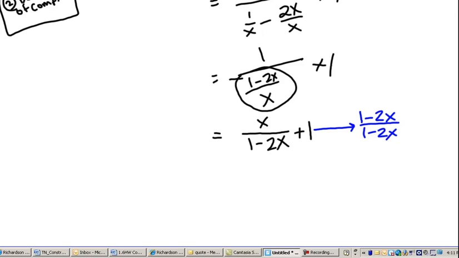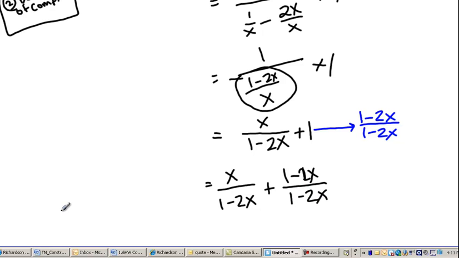So now we have x over 1 minus 2x from up here, that did not change, plus 1 minus 2x over 1 minus 2x. The whole point of doing that was so we can get the same denominators, and now we can combine x plus 1 minus 2x over 1 minus 2x.